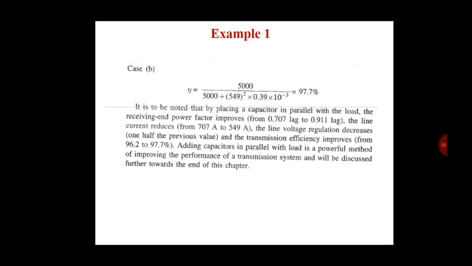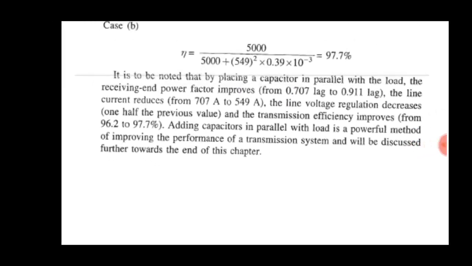Okay. So it is to be noted that by placing a capacitor in parallel with the load, the receiving end power factor improves, the line current reduces, the line voltage regulation decreases, and the transmission efficiency improves. So adding a capacitor in parallel with the load is a powerful method of improving the performance of a transmission system and will be discussed further towards the end of this chapter.